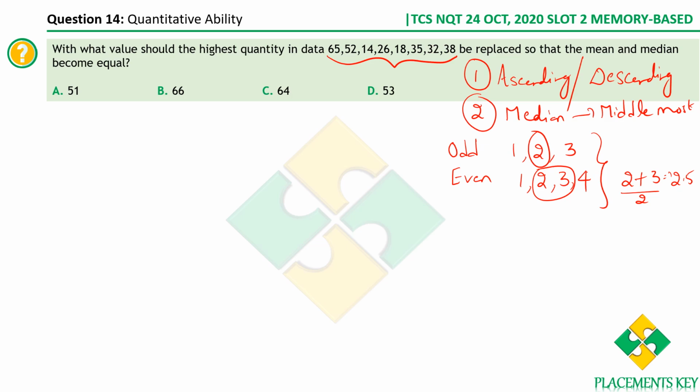So now let's take the given series. What's the first step? To compute the median, we'll have to arrange them in ascending or descending order. Let me go with ascending order. What's the smallest of all here? It is 14.